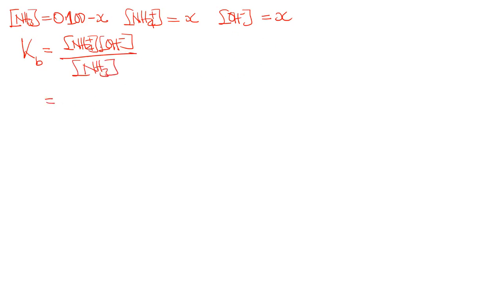So if we replace these with the values here, we are going to have X squared over 0.100 minus X is equal to our Kb, which is 1.8 times 10 to the power negative 5.